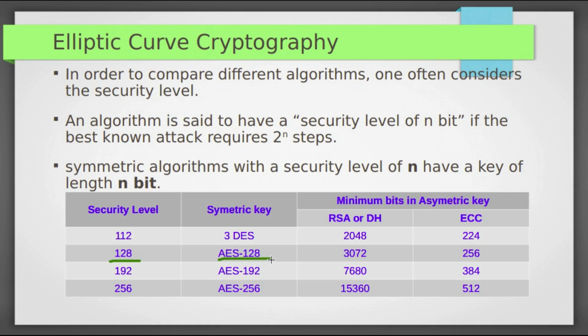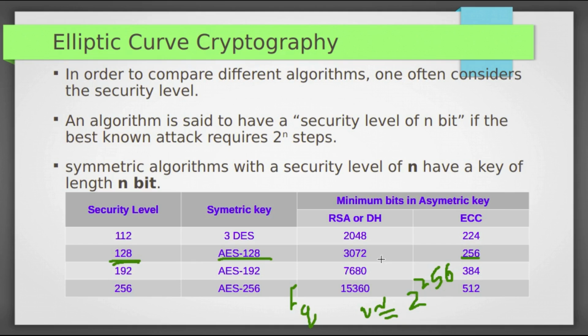For example, for 128-bit security, one needs a curve, a finite field curve F_q, where q is approximately equal to 2 to the power 256. This means a 256-bit key is required in elliptic curve cryptography to provide 128-bit security.